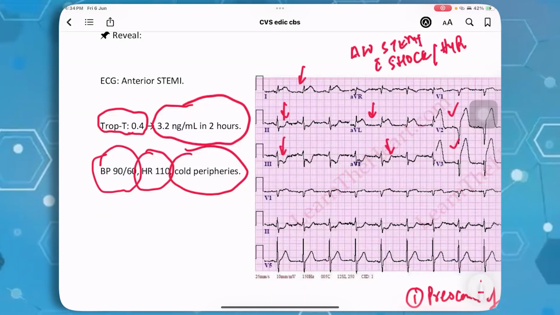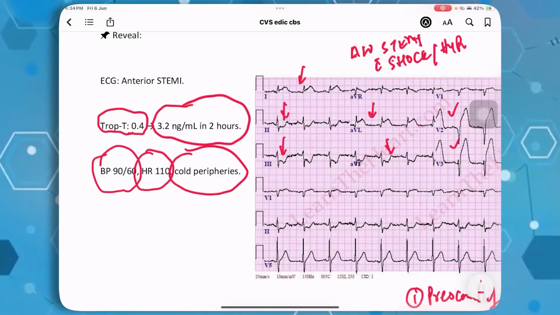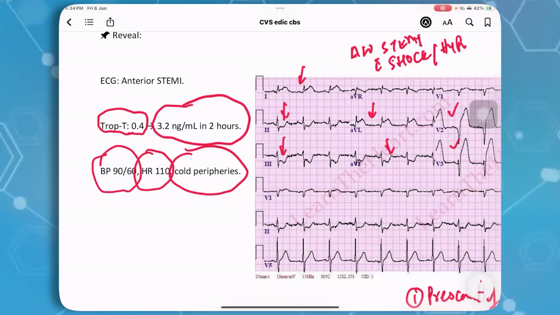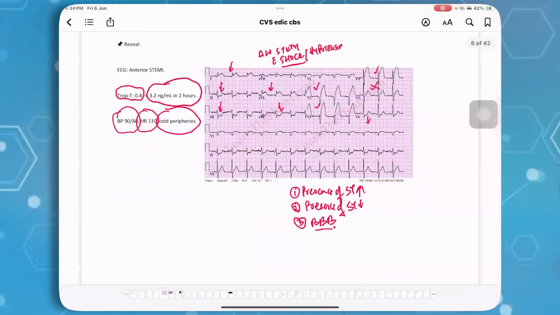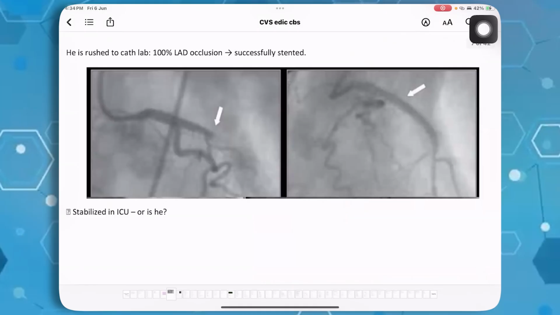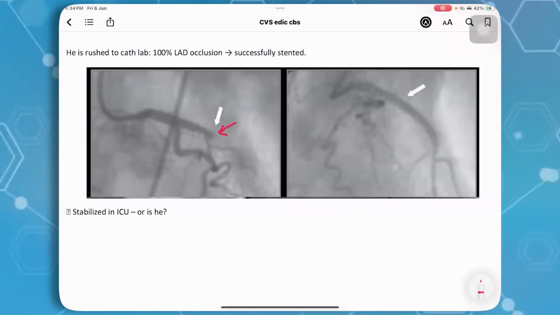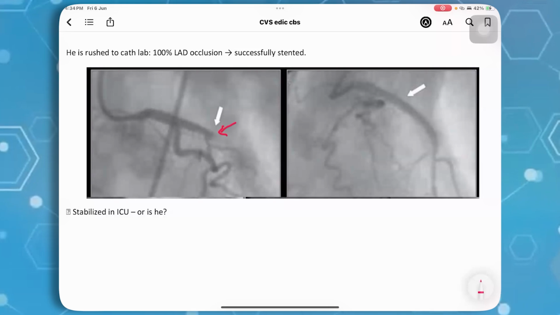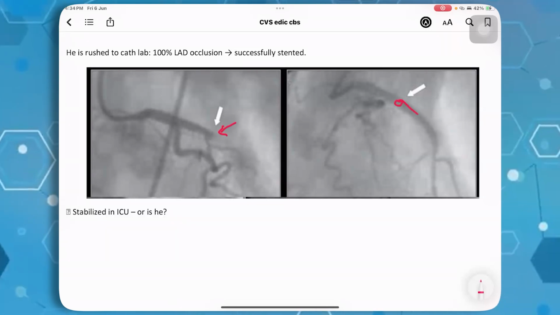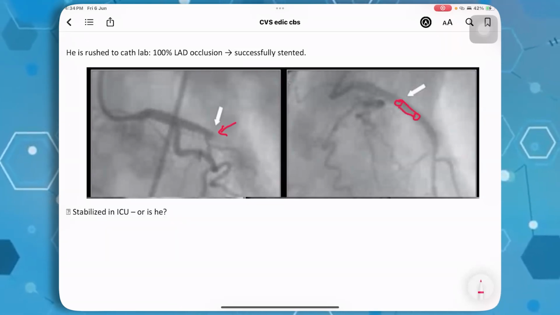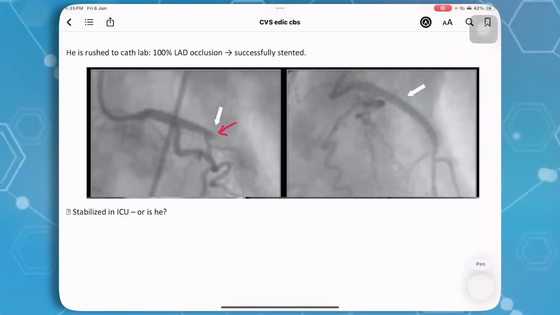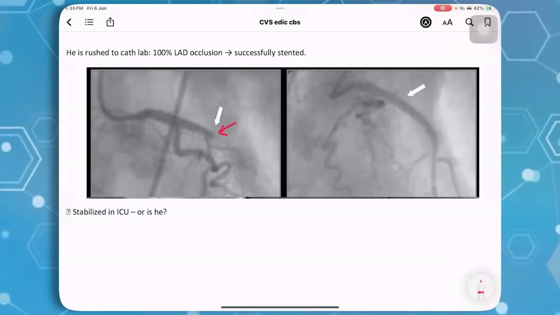So the patient was taken up for coronary angiography immediately, and you see that the patient had a 100% occluded LAD here, which was stented, and thankfully now we see a TIMI grade 3 flow in the LAD.